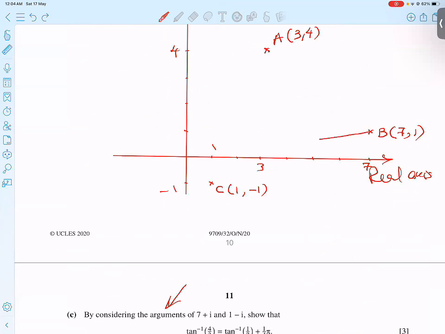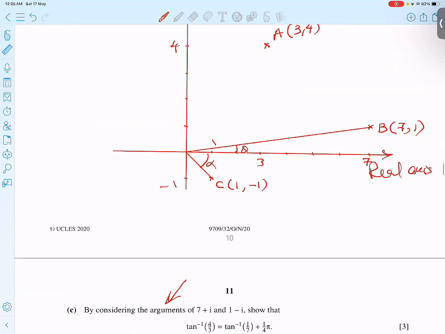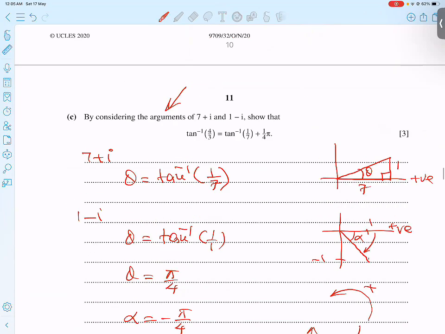If I join this angle and this angle, this is theta and this alpha I have taken. If I find the angle in the middle of them, basically what we are trying to do here is divide them, and we get our answer from here.